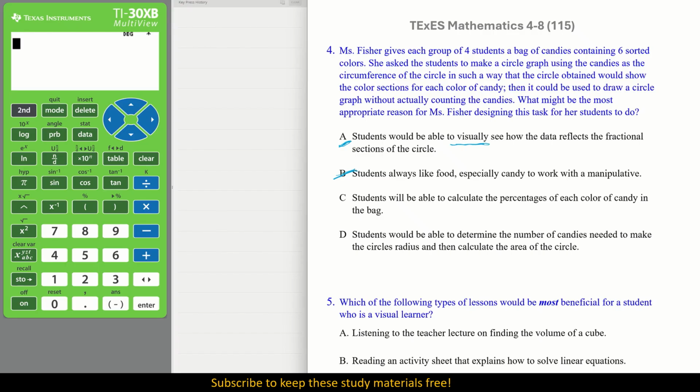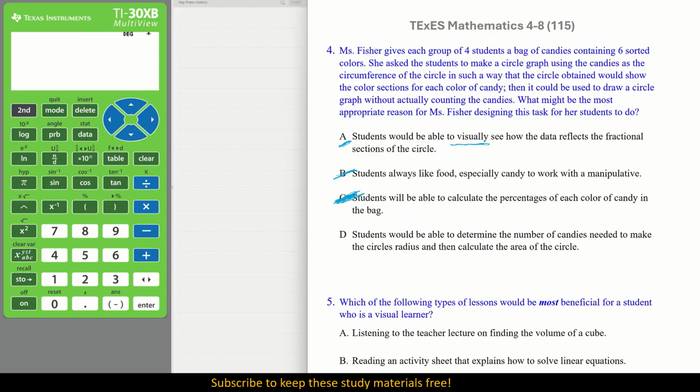Okay, C. Students would be able to calculate the percentage of each color of candy in the bag. Okay, that would just be a probability activity, part over total. That wouldn't give that nice circle with the sections and the colors. So I disagree with this. It just doesn't give a good explanation of why to do it.